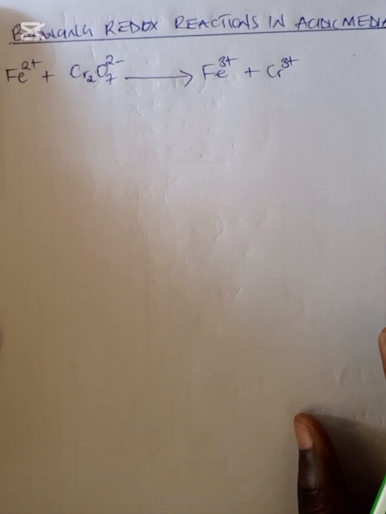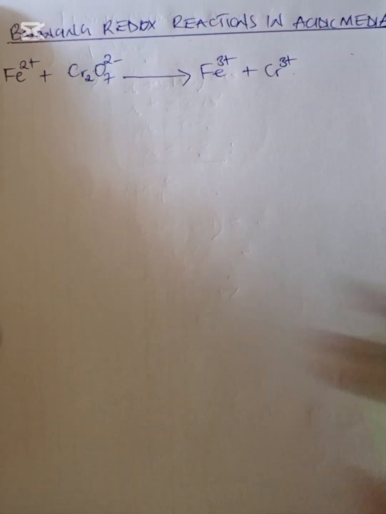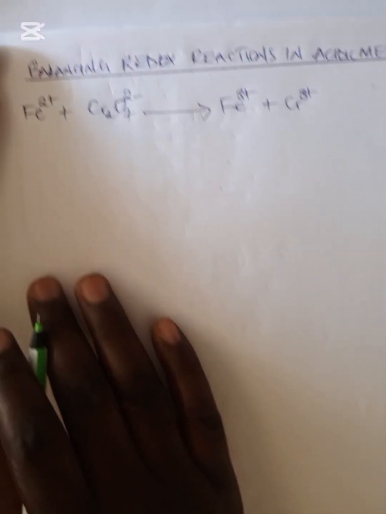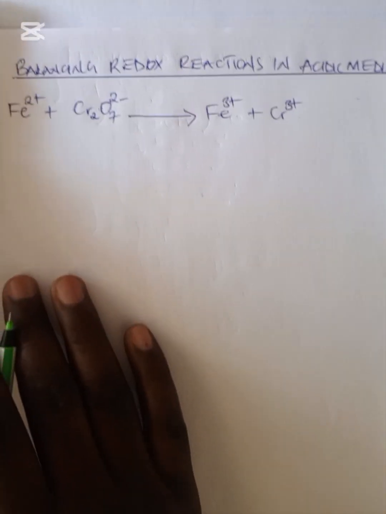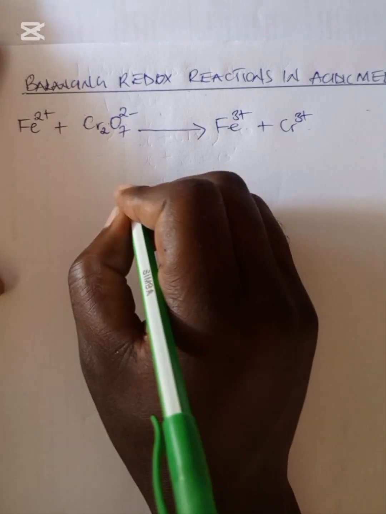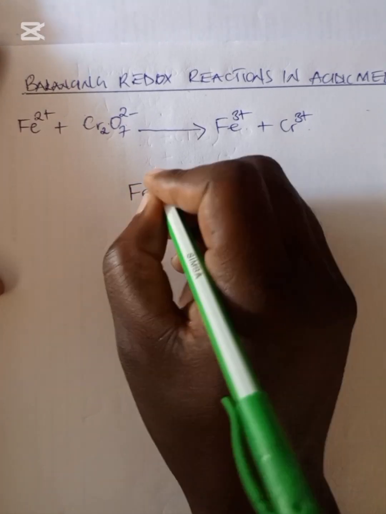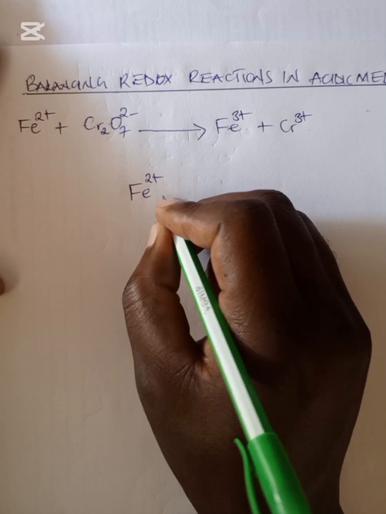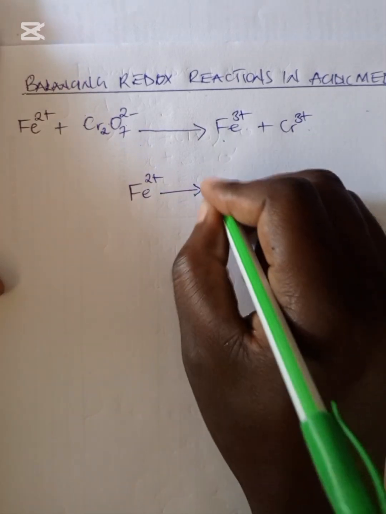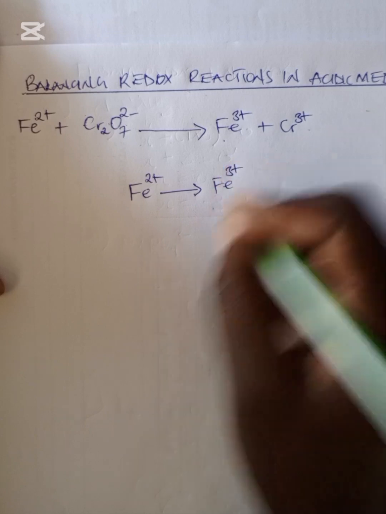The first step is to split the equation into two. So we're going to have iron 2 plus equated to iron 3 plus.